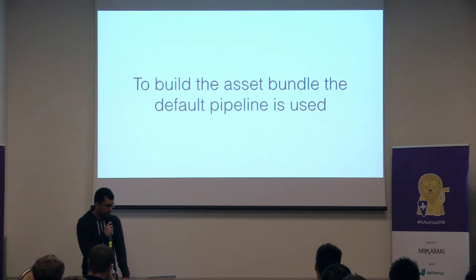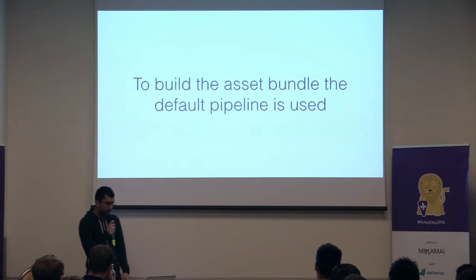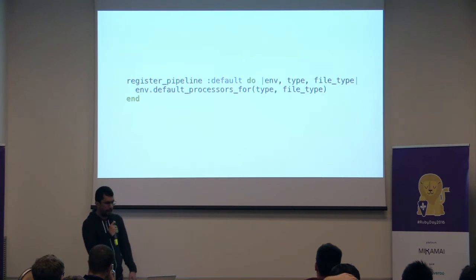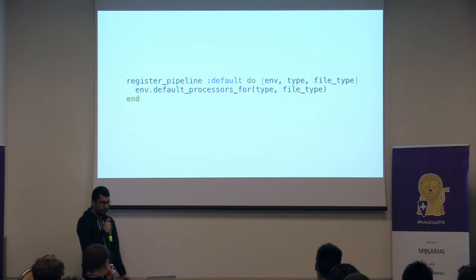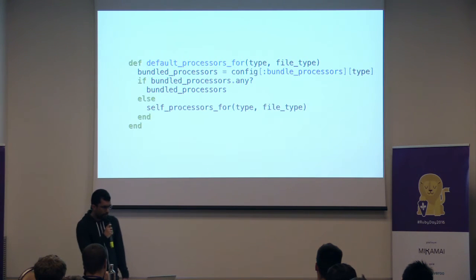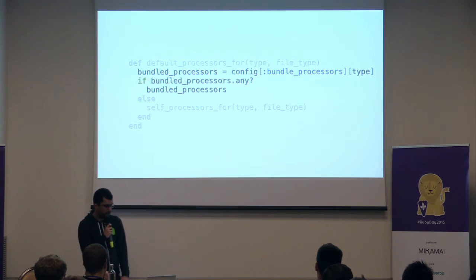And to build the asset bundle itself, like concatenate all the assets, Sprockets is going to use the default pipeline. And the default pipeline is decorated like this. It's calling the default processor for function inside the environment. What this function does is it looks for bundle processors registered for that MIME type.